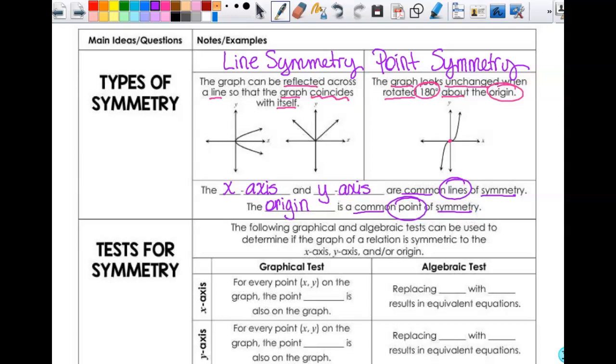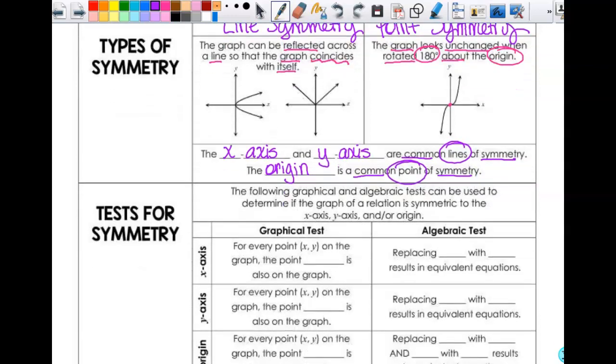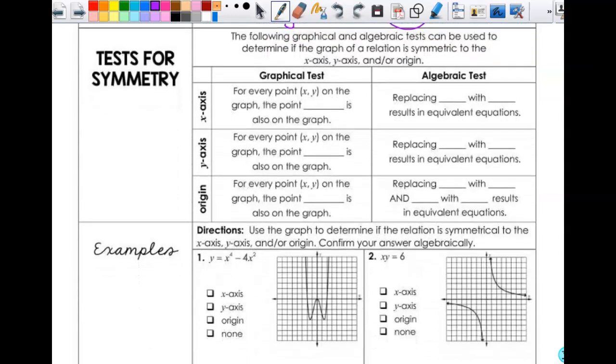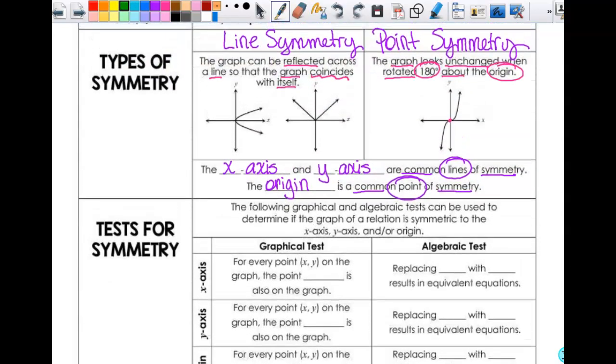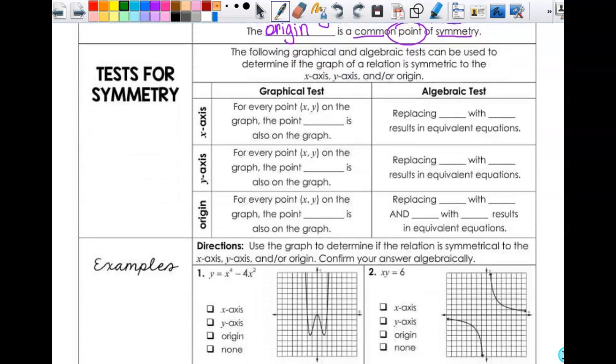So we want to know, based on graphs and then also based on equations and based on tables, if our function, or if our relation, is going to have symmetry with the x-axis, y-axis, origin, or maybe none of the above. Right? And by the way, when I said functions, well, relations is what I really meant to say. We're going to look mostly at functions, but this is a relation, okay? This is not a function, but it is symmetric to the x-axis. So basically anything symmetric to the x-axis is not going to be a function.